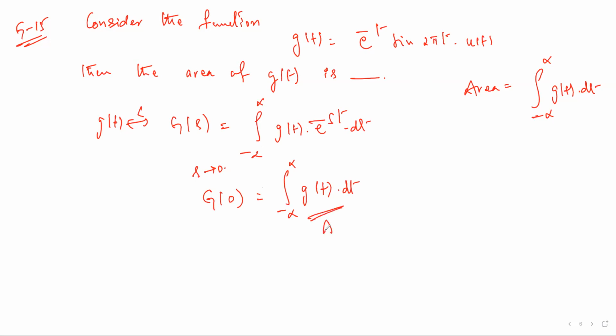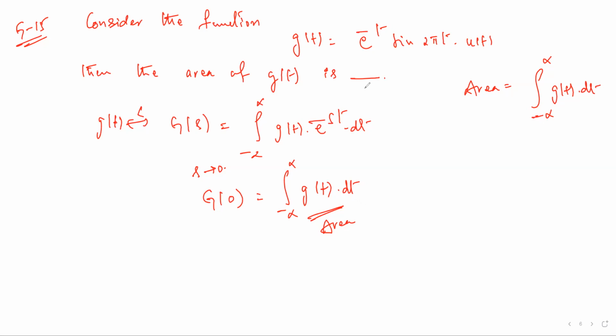So this is what the area required. If we know G of s for this function, we can easily calculate G of 0. So what is G of s for the function g of t? That we want to know.